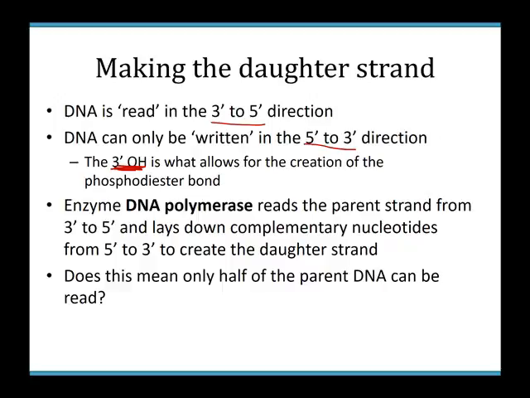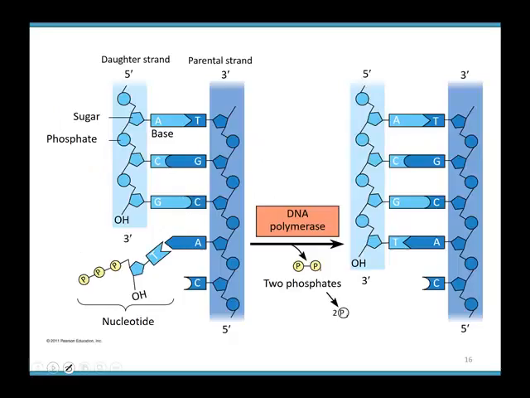Remember, phosphodiester bonds, backbone of DNA. It's DNA polymerase that actually does the reading and the writing. So this does create an issue because that strand, we can only really easily read and write that top strand. Alright, so here, we're looking at the top strand, we're looking at the leading strand.